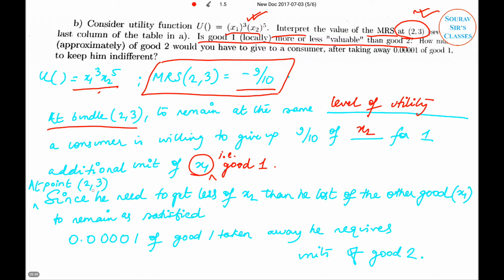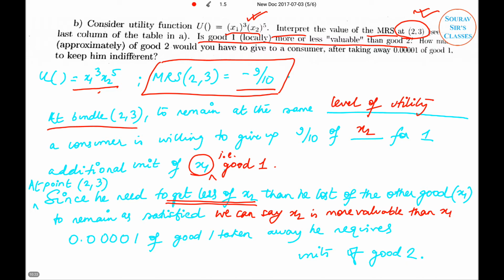So at point 2, 3, since the consumer needs to get less of x2 to give up the other good x1 and remain as satisfied, we can say x2 is more valuable than x1. Now we move on to the third part.